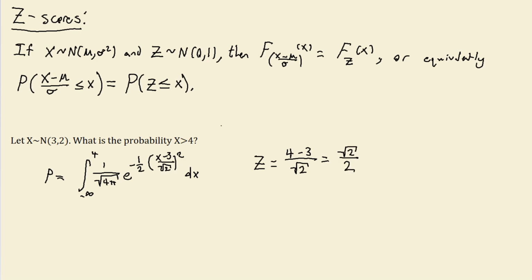Now what this allows us to do is to say that this probability is also equivalent to the cumulative distribution function of the standard normal distribution, evaluated at square root of 2 over 2. And then now it's just the standard normal distribution, so this is going to be 1 over the square root of 2 pi, e to the negative 1/2 x squared, dx.